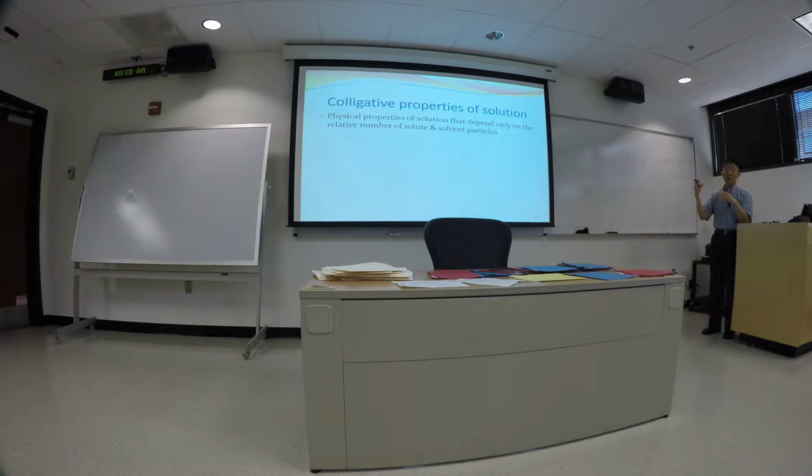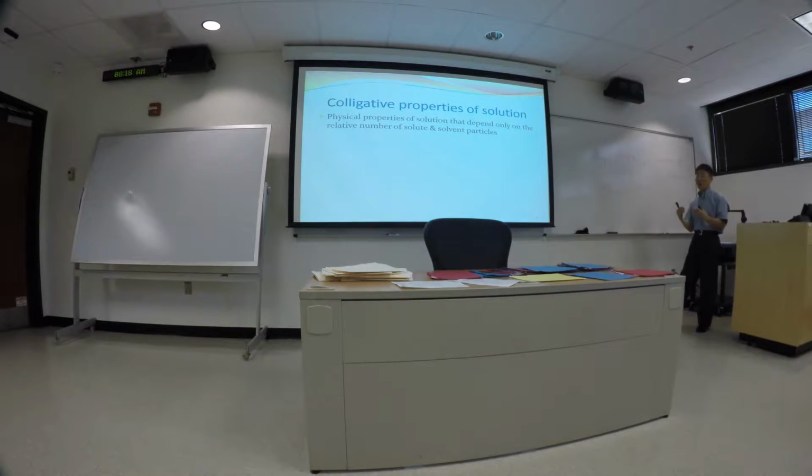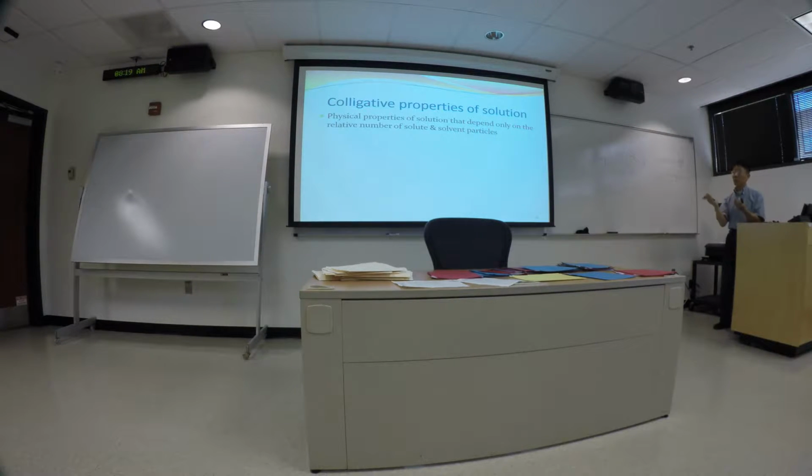Each mole has 6.02 times 10 to the 23 particles. And for the kilogram, if you know what the solvent is, you can convert it into moles as well. Mass to mole, it's a mole to mole ratio there, and that's the relative particles of solute and solvent in that solution. So that concentration gives you that ratio.